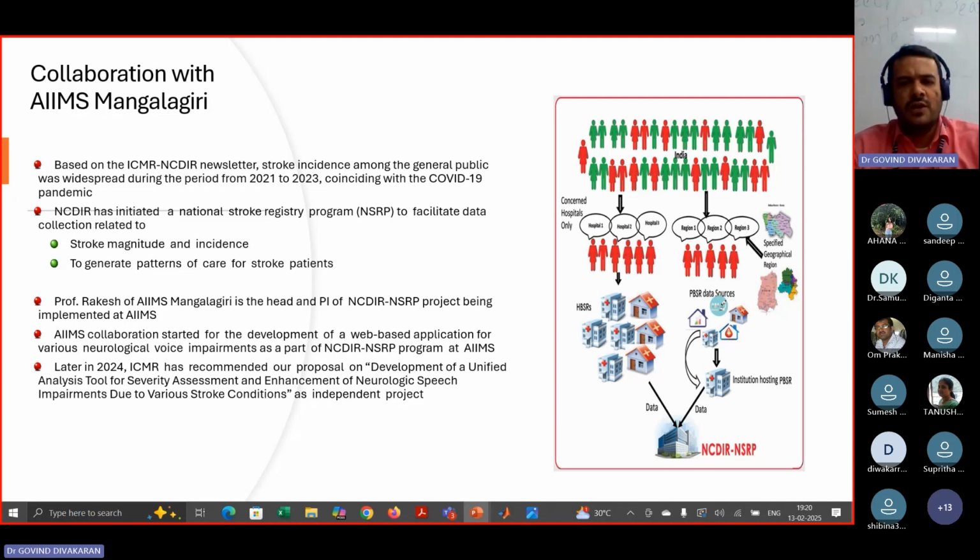So he suggested we combinedly write a proposal for the severity assessment and enhancement of voice impairments due to stroke. That was the beginning of our idea and motivation for writing a proposal for the processing of speech recorded from stroke patients.